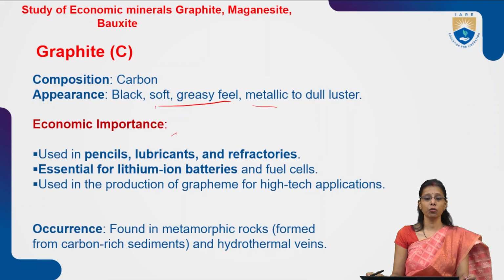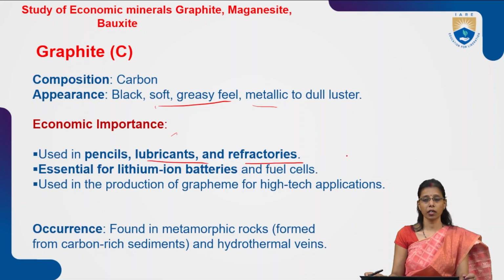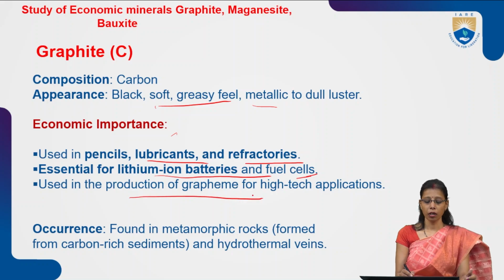It is hugely used as pencil lead, in lubricants, and in refractories. It is essential for lithium ion batteries and fuel cells, and used in the production of graphite for high-tech applications.